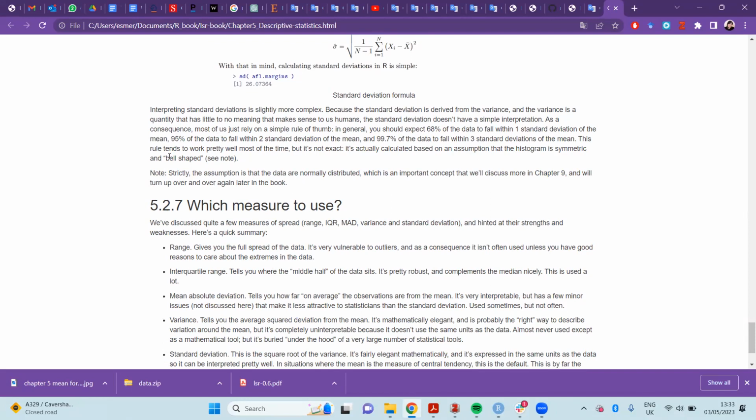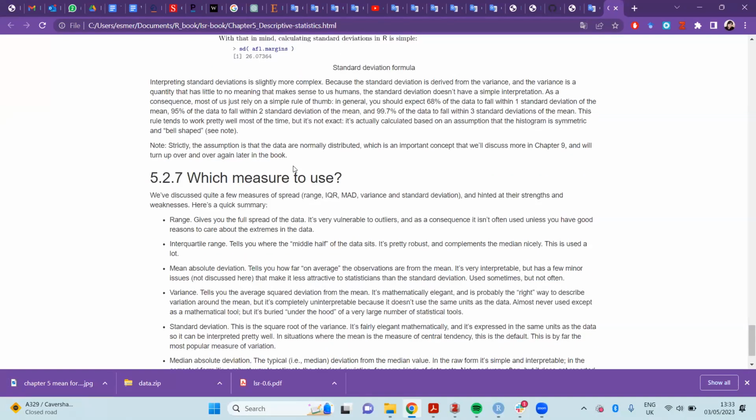But this is not always the case, and in these exceptions we have to be careful how we interpret the standard deviation. This is something that will be discussed more deeply in chapter 9.